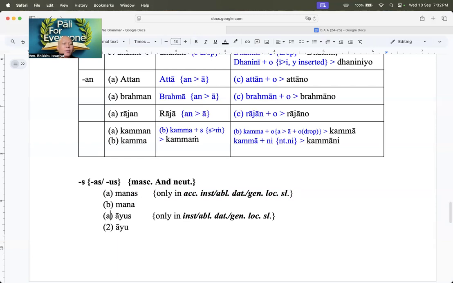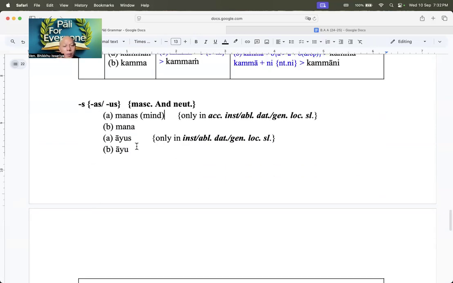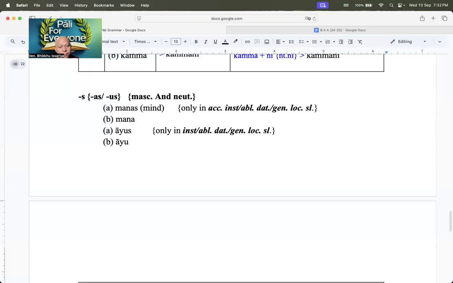So there will be two stems, with the sa or without sa. So actually this mana or manas is mind. Okay. In Pāļi Easy, list of those, list of nouns ending in sa.